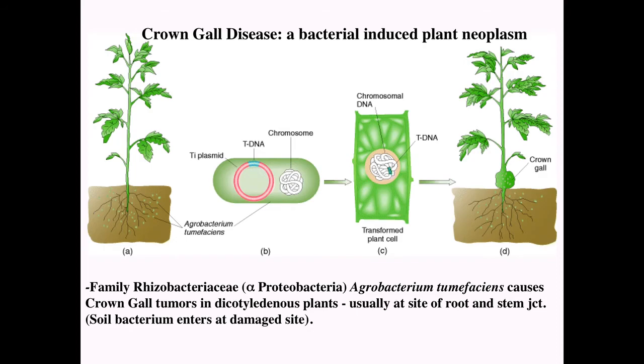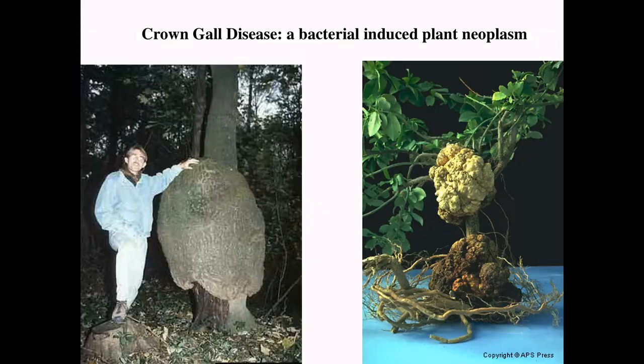So the bacterium will move its way like a shark going towards a higher concentration of blood, knowing that there's a wounded animal at the end. Same thing, the bacterium is swimming towards a wounded plant, and the reason it's important that it's a wounded plant is because it knows it has access. It can get in through that wound.